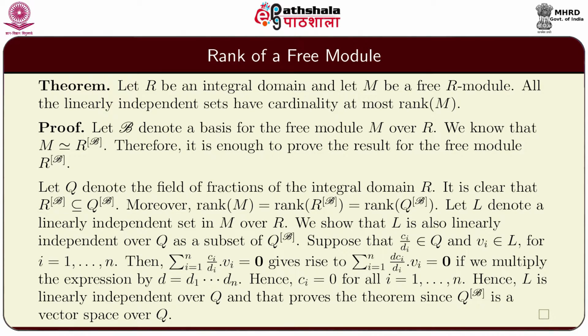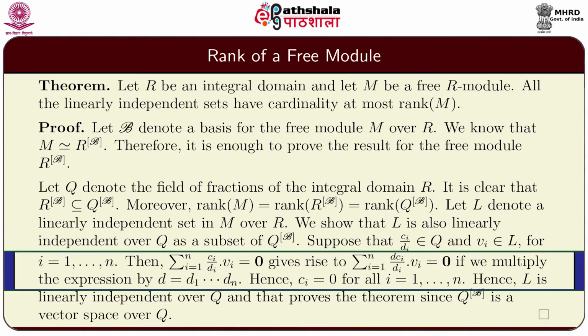Now, to prove that L is linearly independent over Q as a subset of Q ⊗ B, let us assume that ci/di are elements in Q and vi are elements in L for i equal to 1 to n, and suppose that the summation i equal to 1 to n of ci/di times vi is 0.